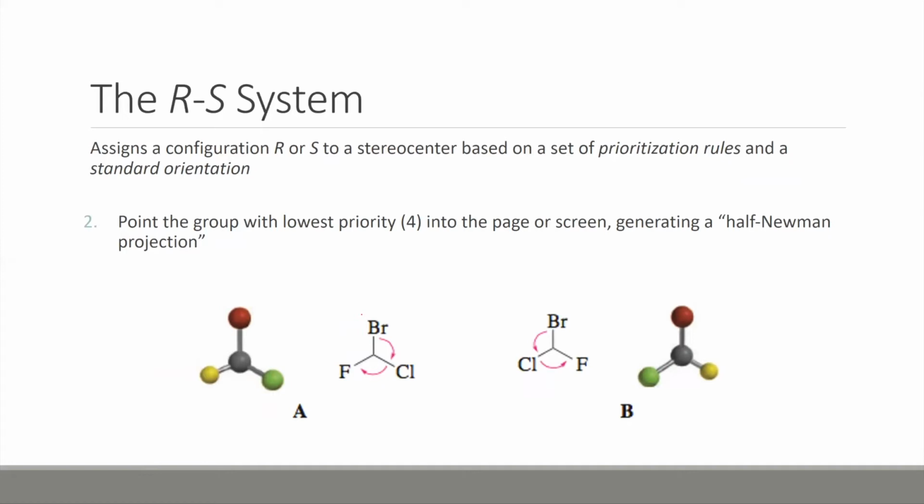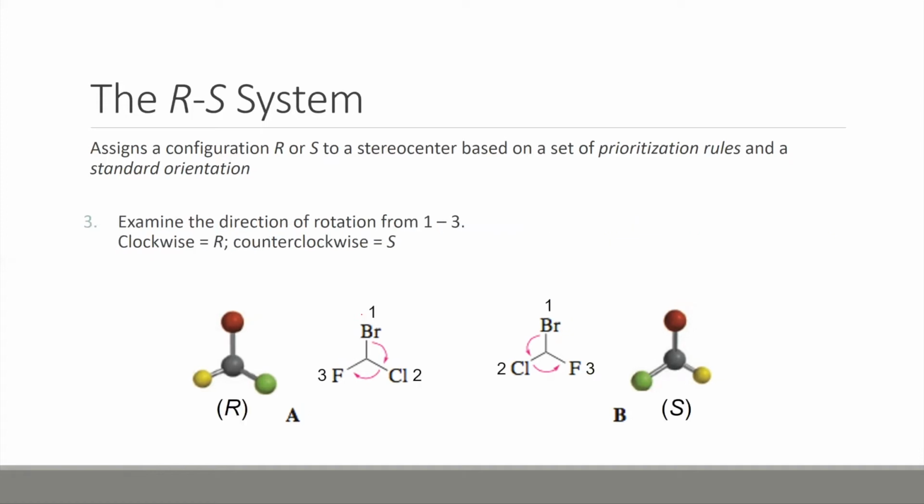And you generate kind of a half Newman projection. So we're not looking down a carbon-carbon bond, but we still are generating a projection in which you're only looking at the front 3 bonds with the hydrogen bond going in the back. Now, once you do this, you're going to examine the direction of rotation from 1 to 3.